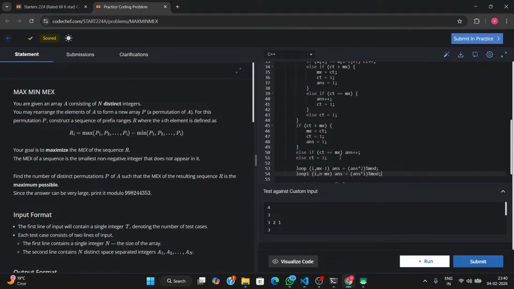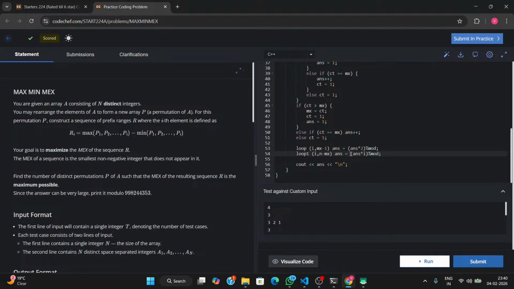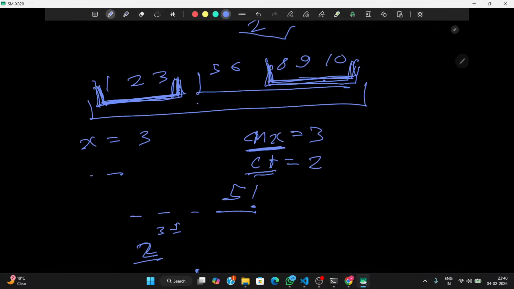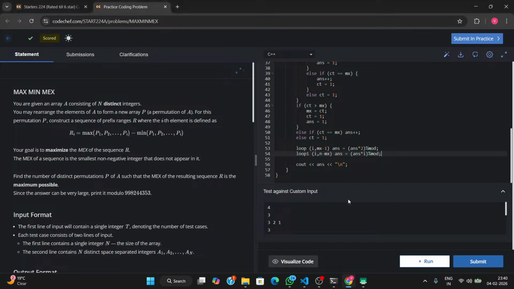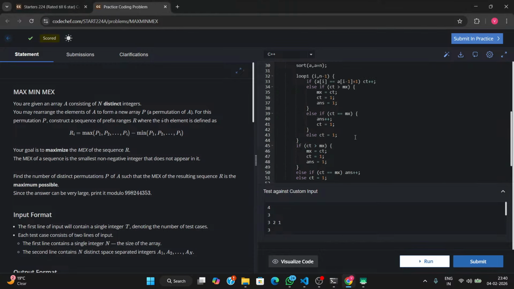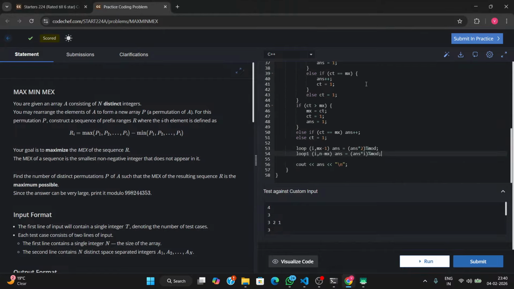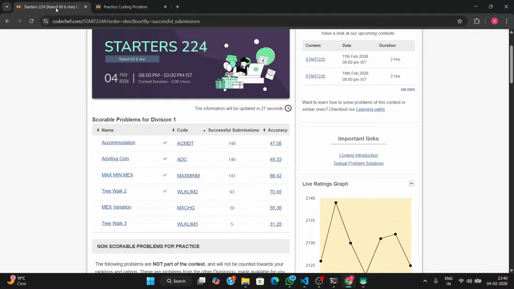I can simply do it in the for loop only. So that's what I did. And then we will simply multiply n minus mx factorial to it, right? That's what we did. This was the formula: n minus mx factorial and 2 raised to the power mx minus 1. And for count, count was simply stored in answer only. So I hope this question is clear to everyone.